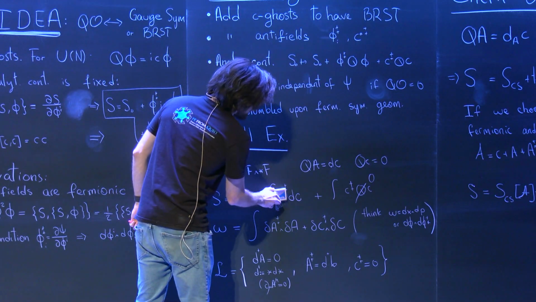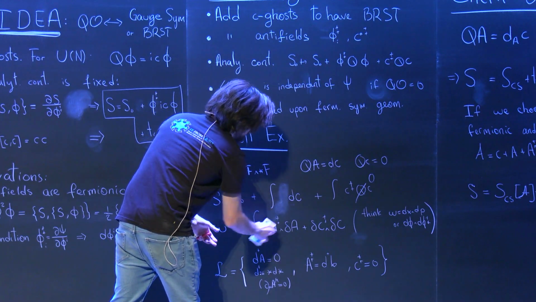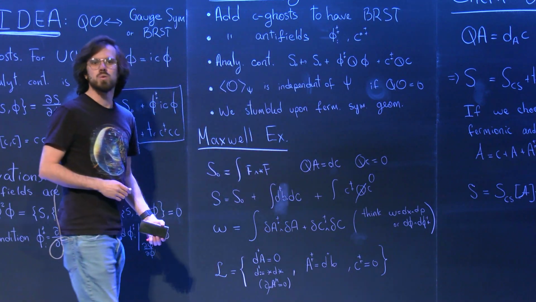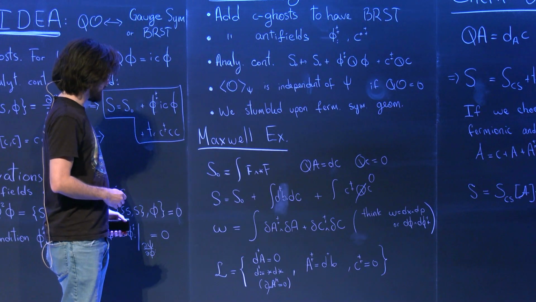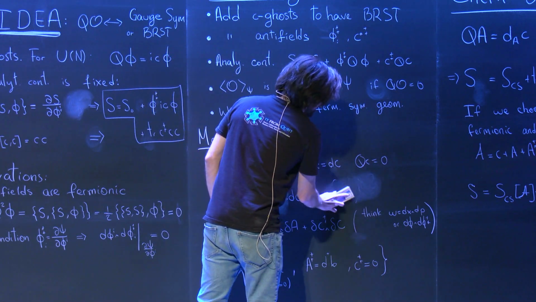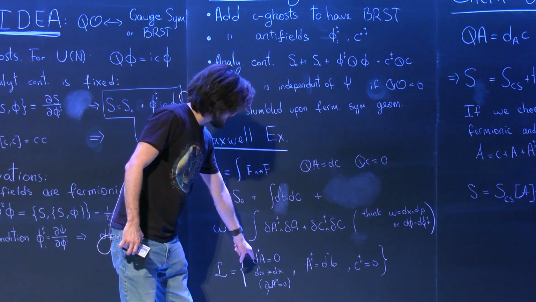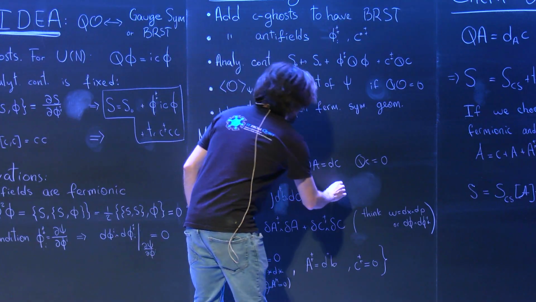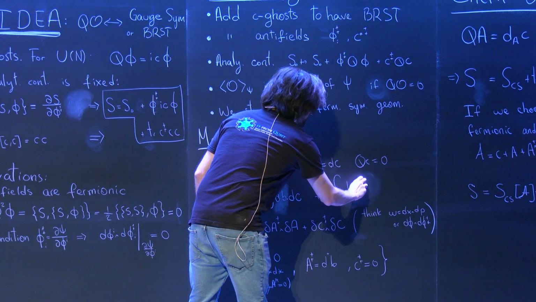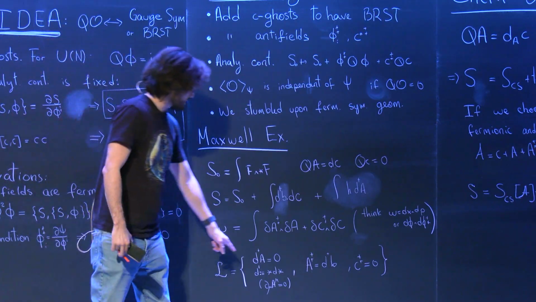For once, the anti-fields will now be the D dagger of some field B wedged with the D of C. Afterwards, this term wasn't even appearing in our action to begin with, but we can impose the condition that D dagger of A is equal to 0 by some sort of Lagrange multiplier. So I will write it in this form, and include it so that it imposes the condition of invariance in this way.